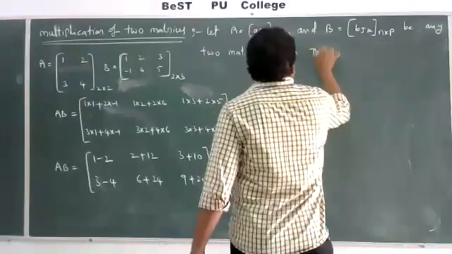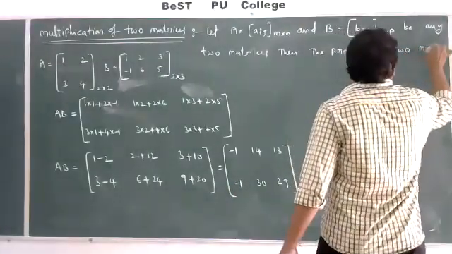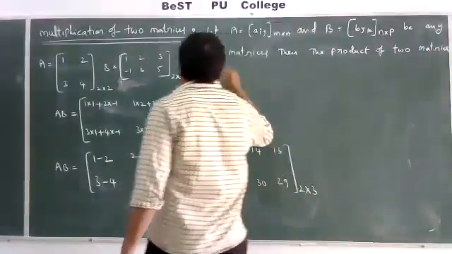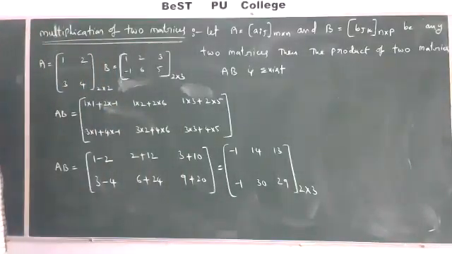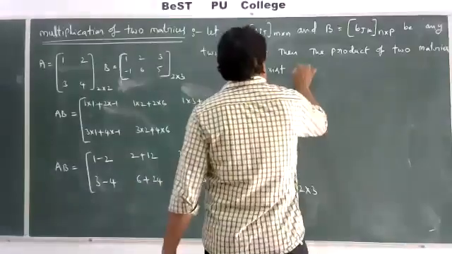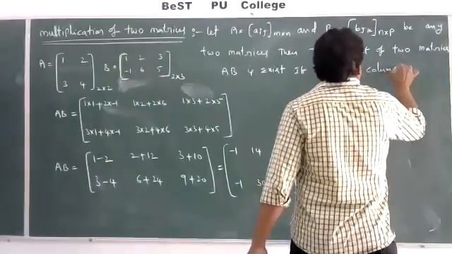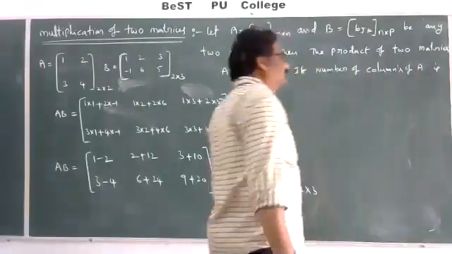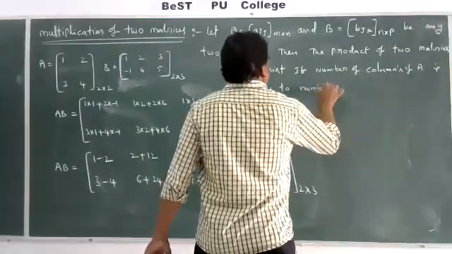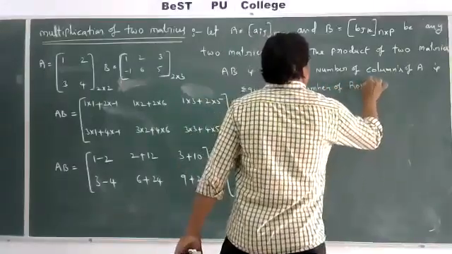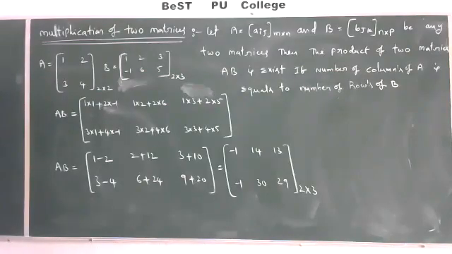Then the product of the two matrices AB exists if the number of columns of A is equal to the number of rows of B.